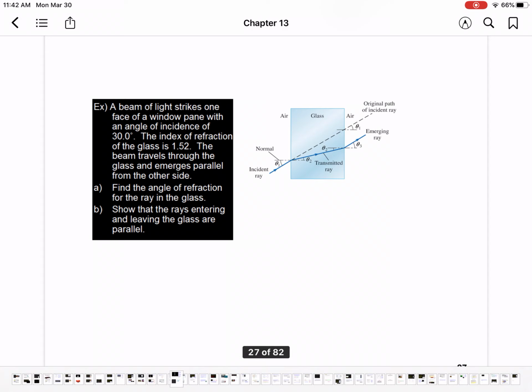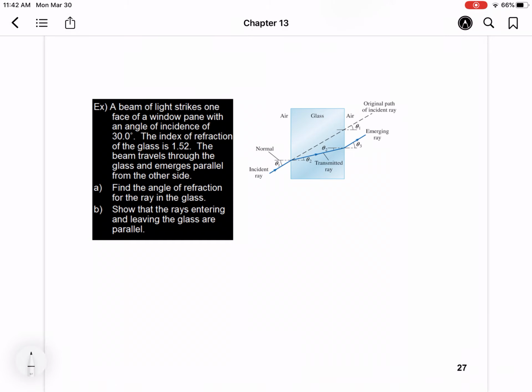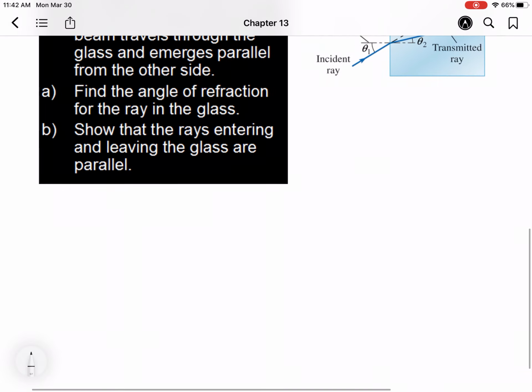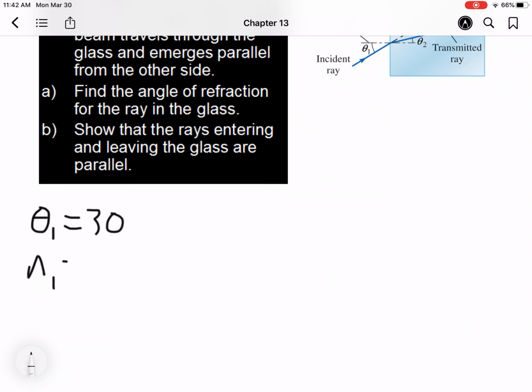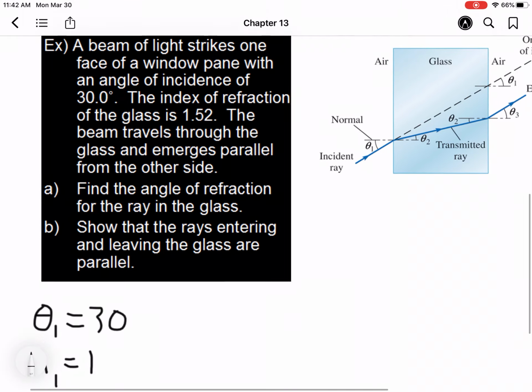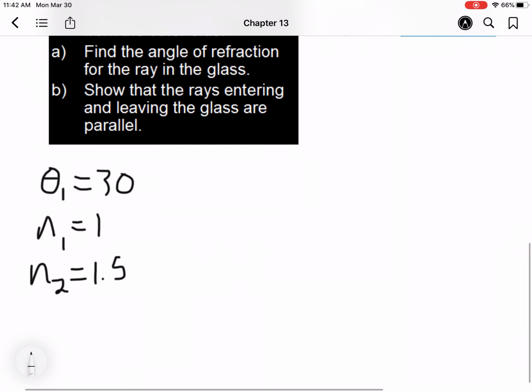So what we've got here again is an angle of incidence, so my angle 1. Angle 1 is 30. I know that my N1 is 1. My N2 is 1.52. And I'm looking for angle 2.